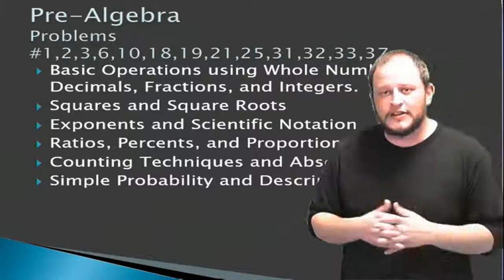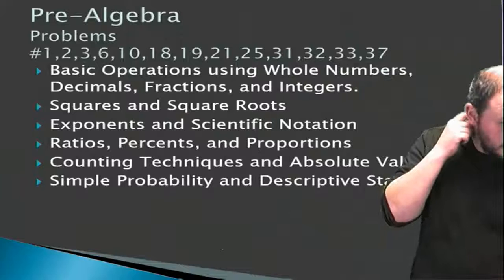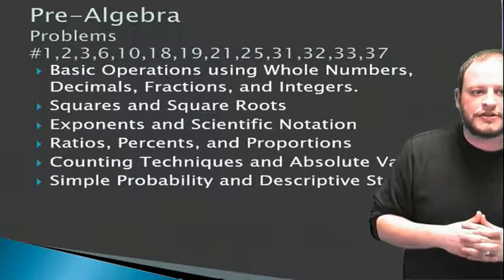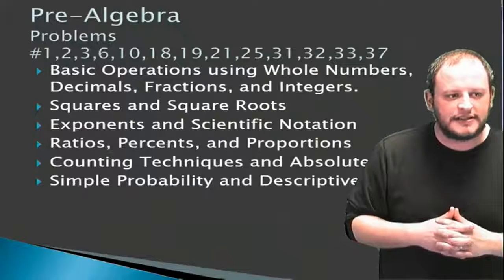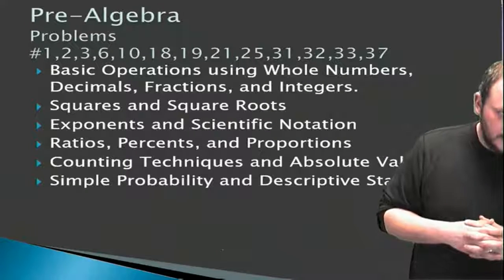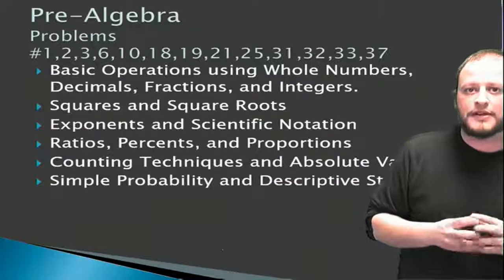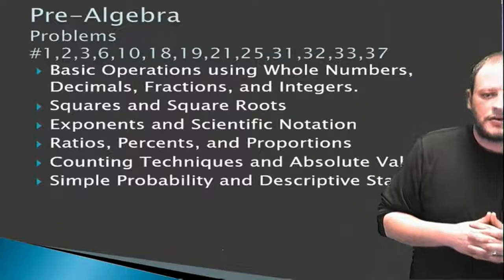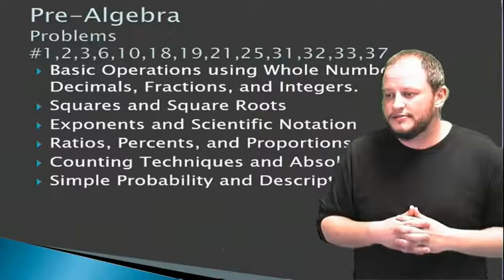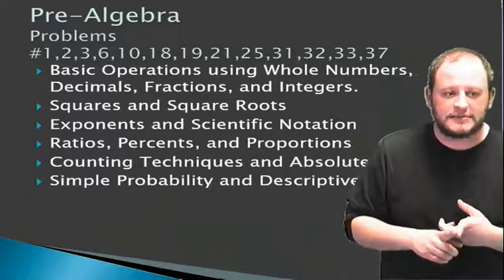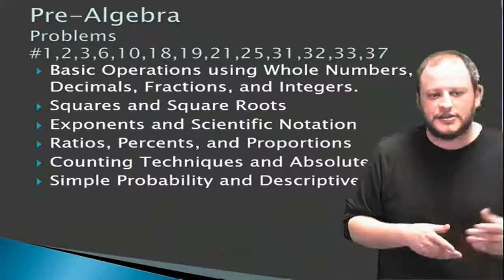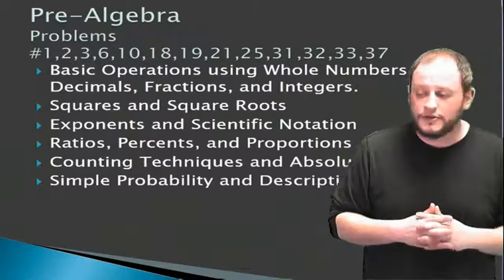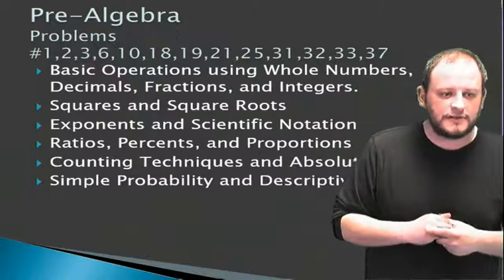Some of the vocabulary that I may be using right now may be a little confusing, but we'll certainly talk about what all of these different things mean. We have arithmetic operations with squares and square roots. We use different kinds of notation. We either have exponential notation, standard notation, or scientific notation. These are all things that hopefully you've heard of and have some sort of comfort level with.